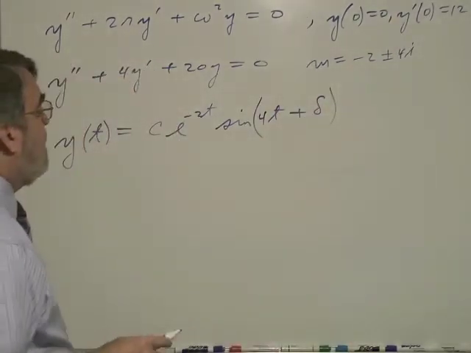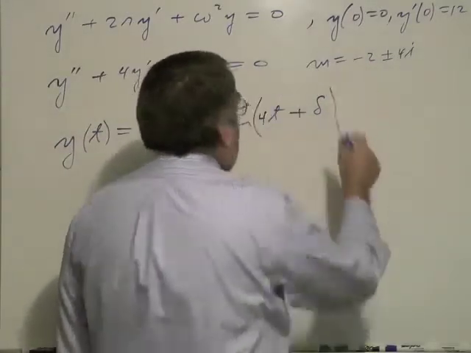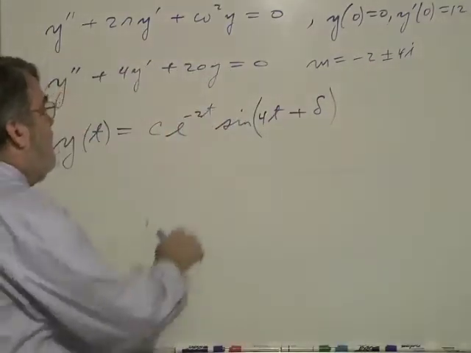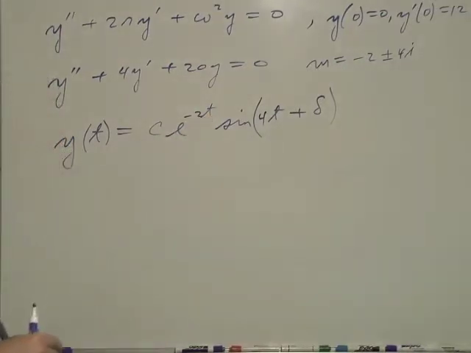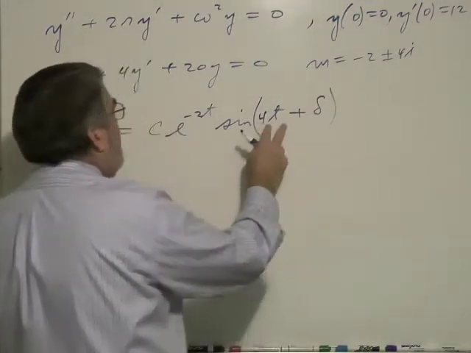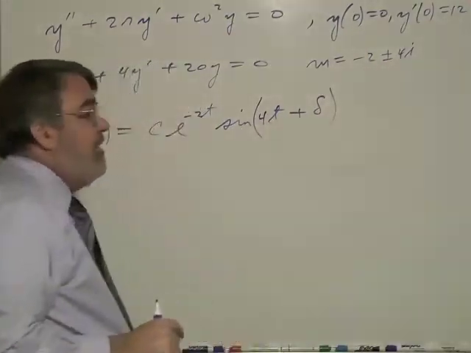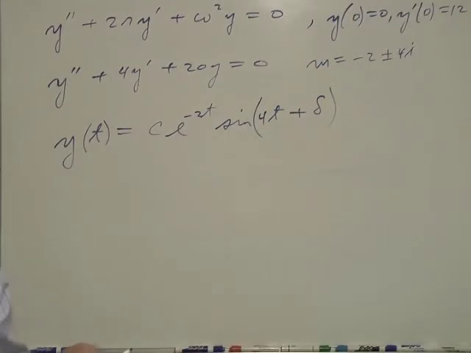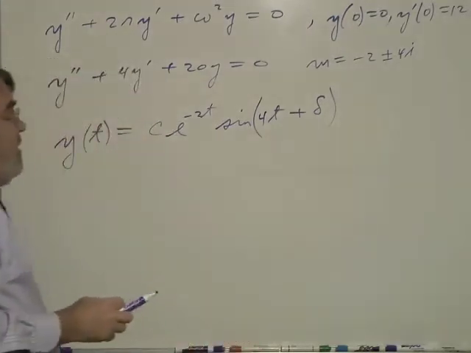The real part of this root of the characteristic equation, -2, appears as a coefficient of time as an exponent of e. So e to the -2t, and then sine of 4t plus delta. The 4 is the coefficient of time there. So we need to solve for our two constants, c and delta.